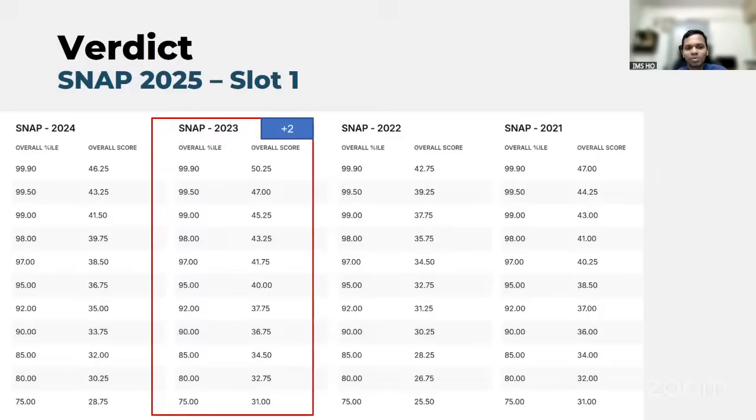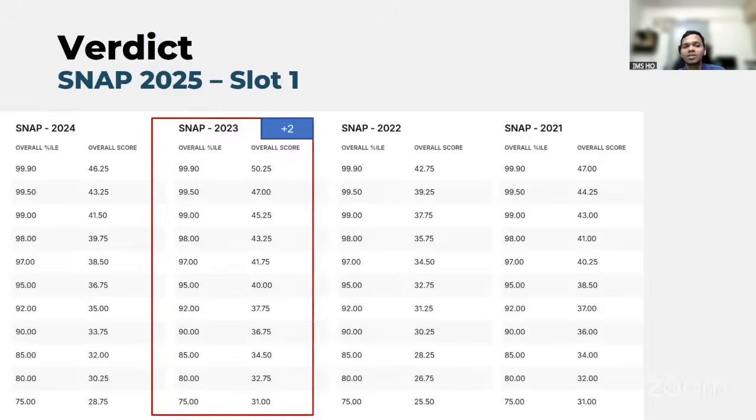How much it will go up is the difficult part of estimating, but I've highlighted SNAP 2023; if you add 2 to 3 marks to this, that is what you're looking at for today's paper. The 99.9 percentile in SNAP 23 was 50.25. I think that should go up to about 52.